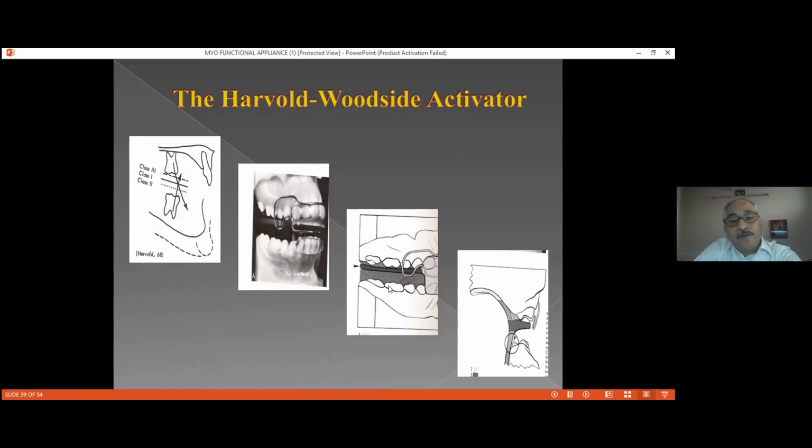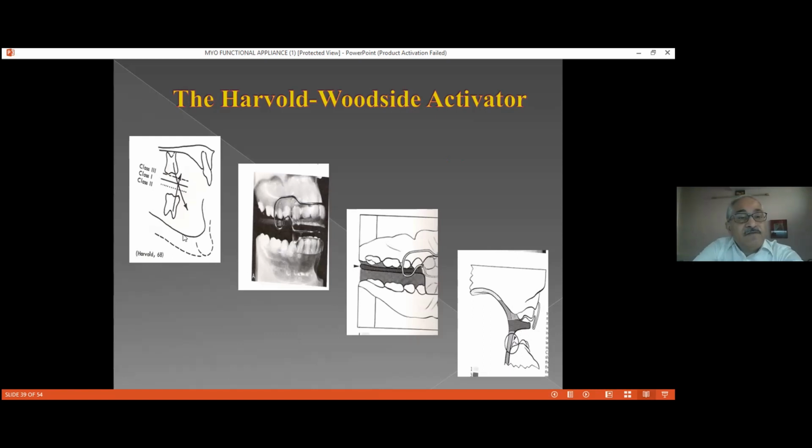If the mandibular teeth grow forward, and the resultant will be in this direction, what will happen? Automatically the mandibular teeth will come in the class one relationship to the maxillary teeth. Here you can appreciate that this particular acrylic is in approximation to the maxillary arch, and there is a mandibular clearance.